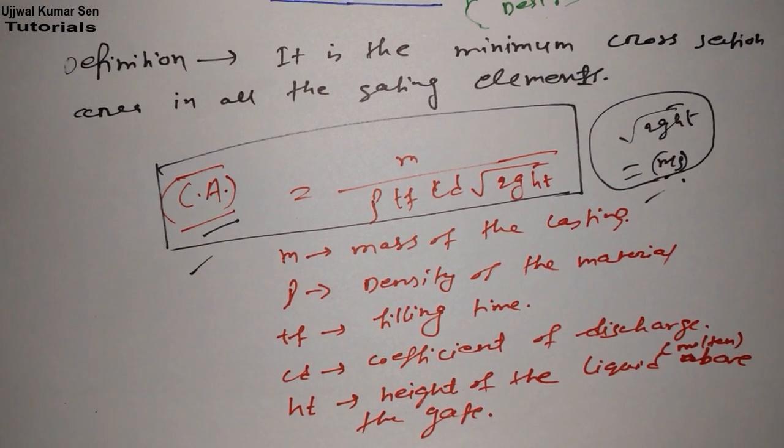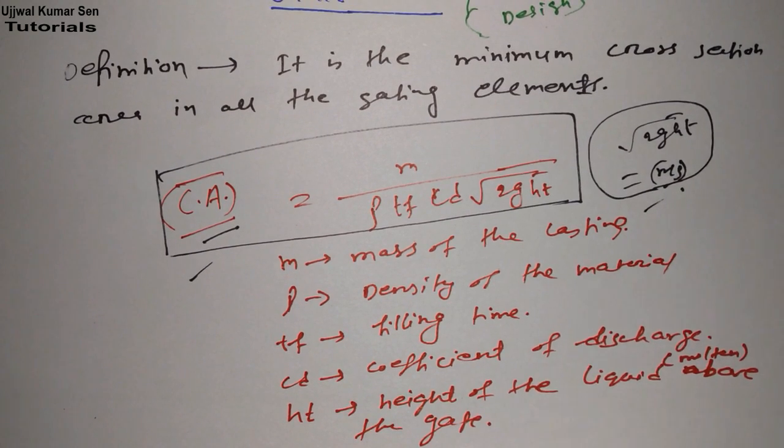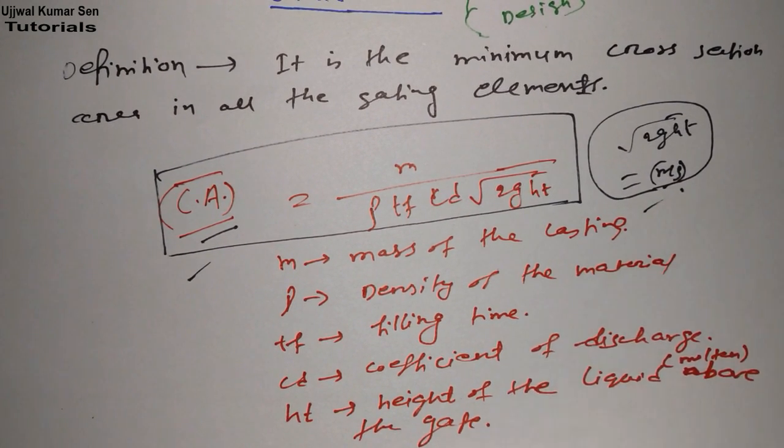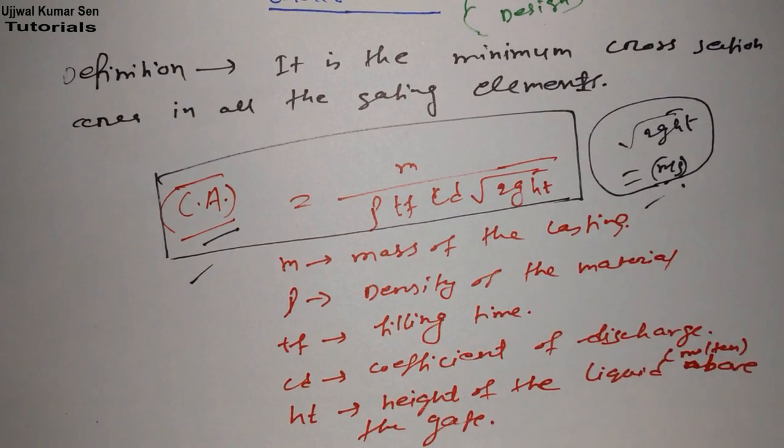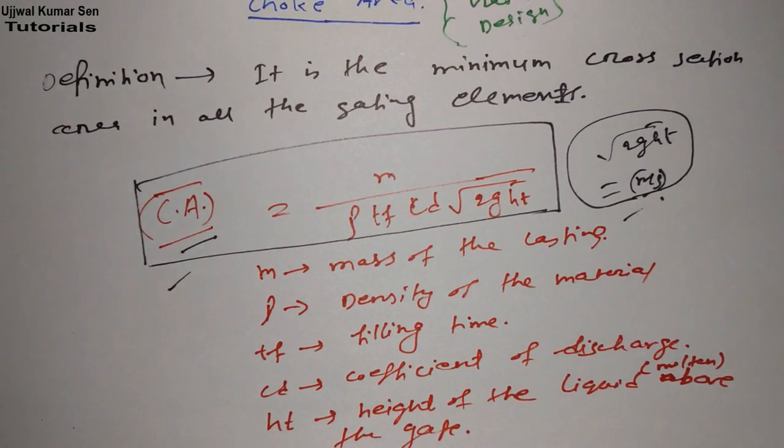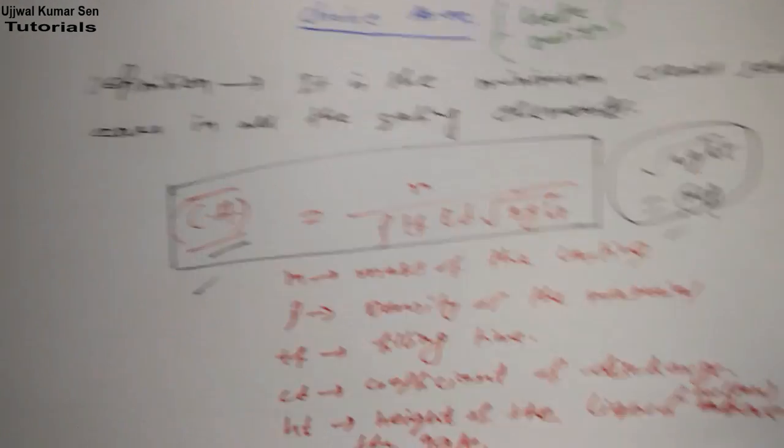Now I am going to share with you two things, that is where we have this choke area in a pressurized gating system as well as in a non-pressurized gating system, right? So let's go for it.